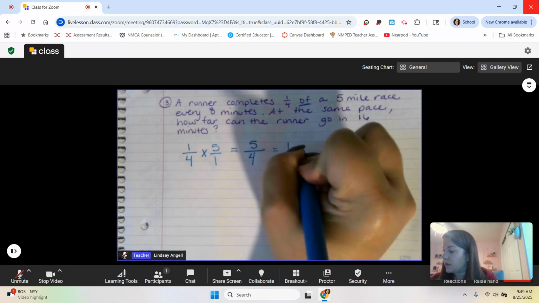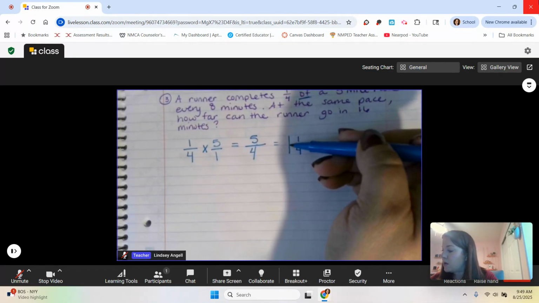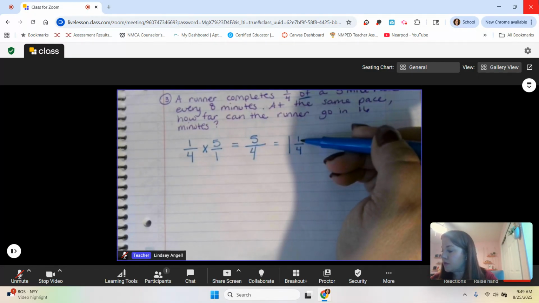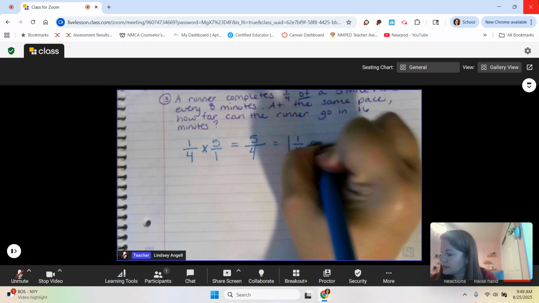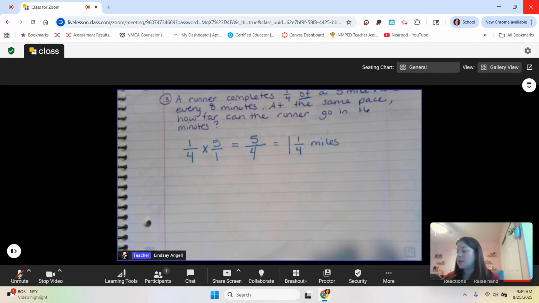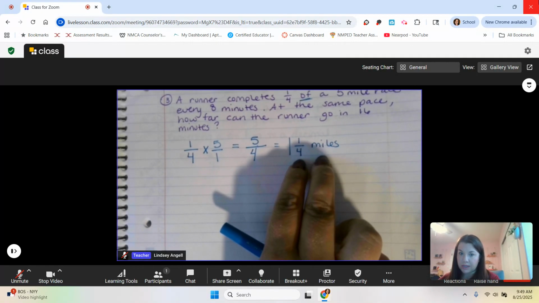We could also rewrite this as 1 1/4 miles. 4 goes into 5, 1 whole time. We have 1 left over until we get to 5, and our fourths still stay the same. So in 8 minutes, they went 1 1/4 miles.